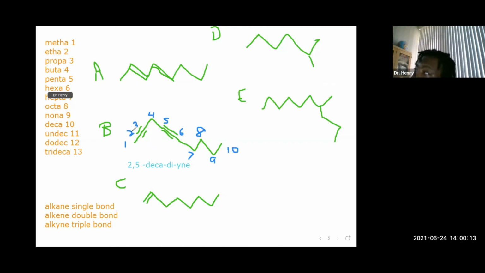The triple bond starts at the second carbon and at the fifth carbon. There are 2 triple bonds, so that's why we put the di. And it's a triple bond, so that's why we put Y and E. You don't have to, but it just looks prettier.